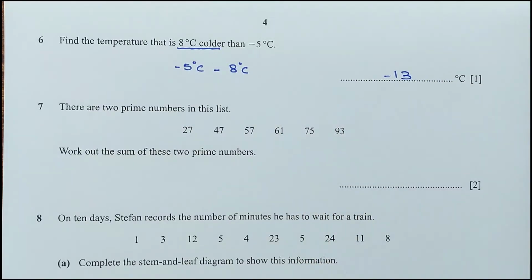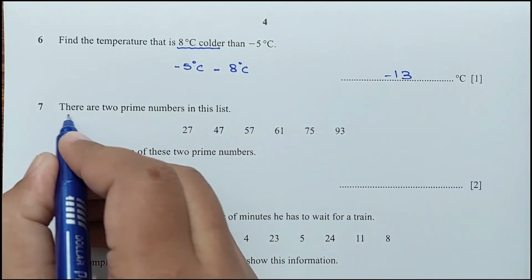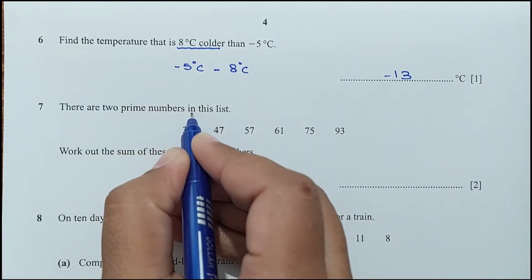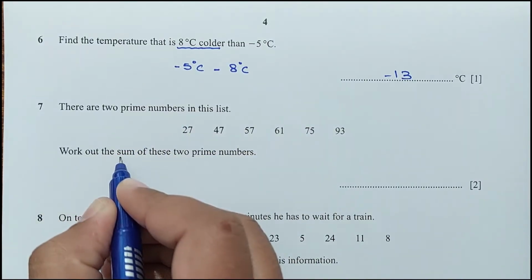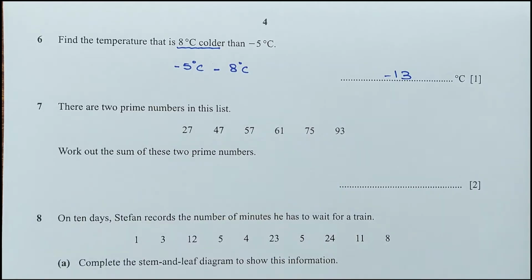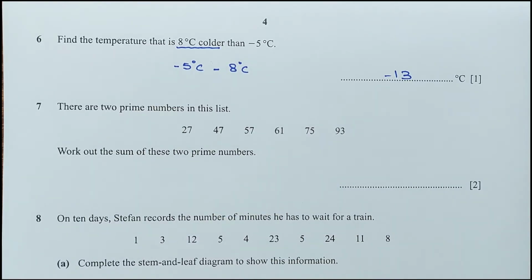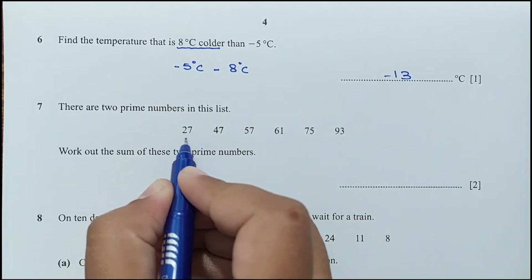Yes. Now for question number 7, there are two prime numbers in this list. Work out the sum of these two prime numbers. Okay, so 27 is not a prime number.